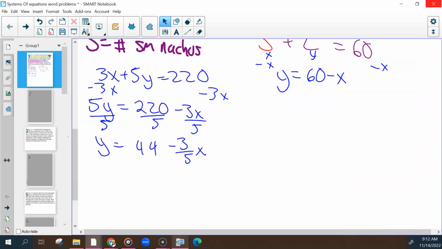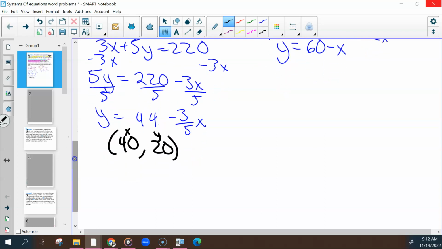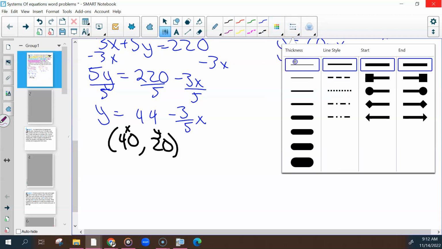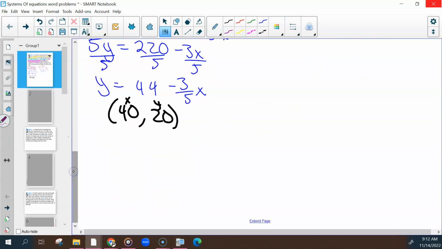So x equals 40, y equals 20. If you didn't start off with the variables x and y, you will have to tell me what both of those things are. So we have to go back. X was S, so S equals 40 small packs.